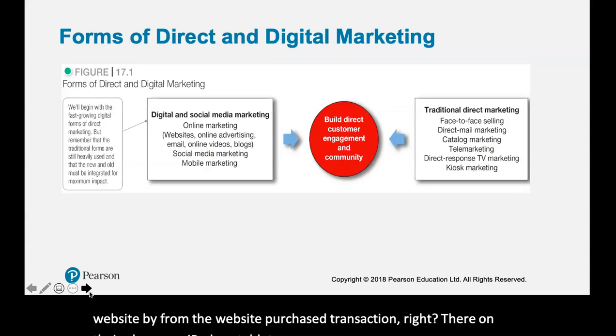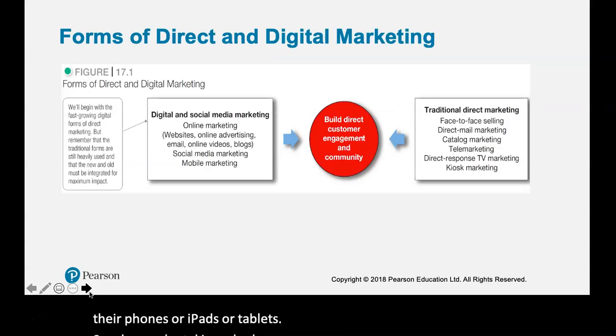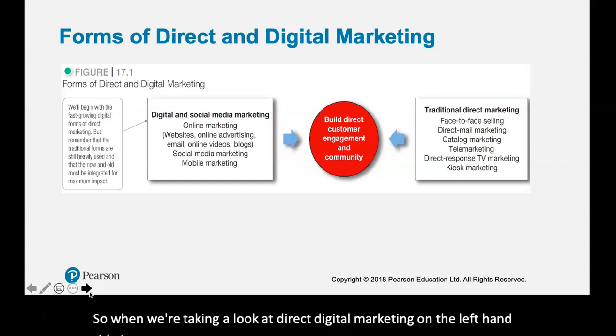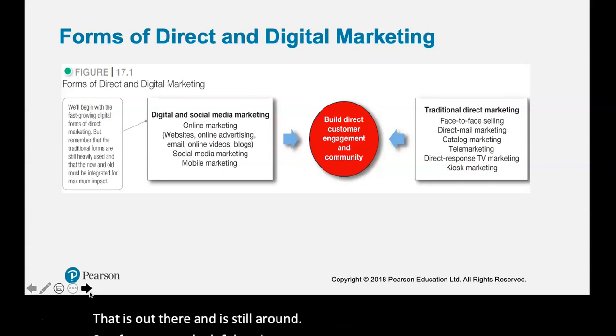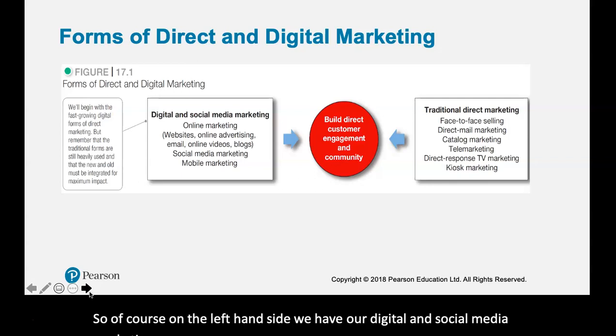So when we're taking a look at direct and digital marketing, on the left-hand side I want you to also see some of the traditional direct marketing that is out there and is still around. Of course, on the left-hand side, we have our digital and social media marketing, our online marketing, email, videos, blogs, podcasts, which aren't mentioned, but we'll talk about those in a few minutes.